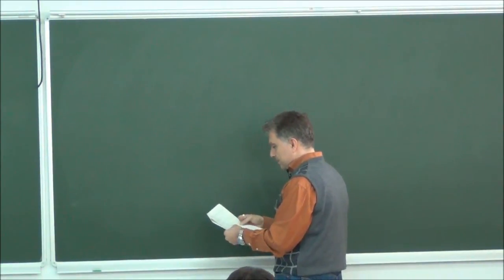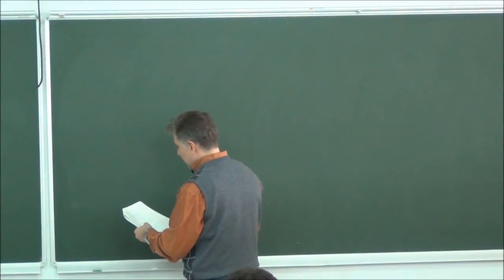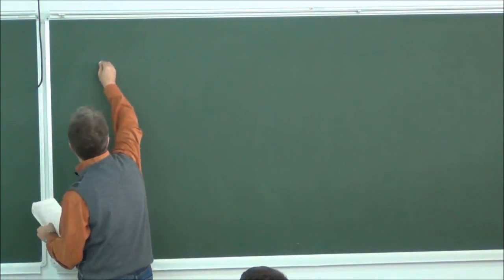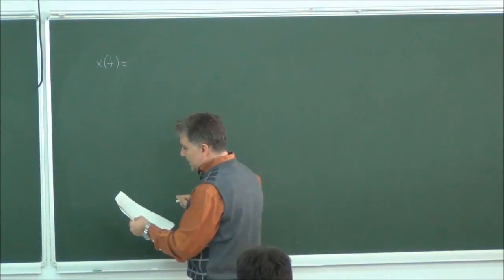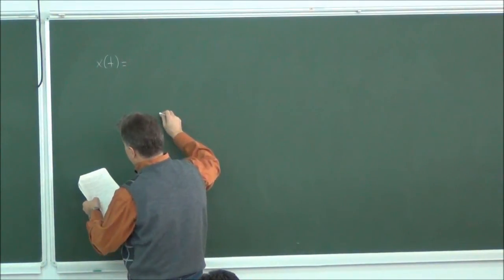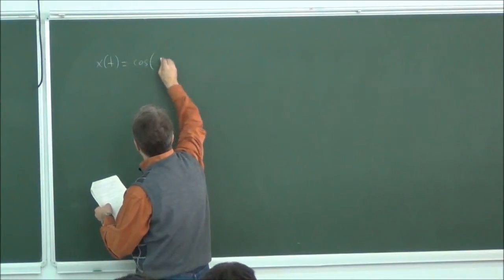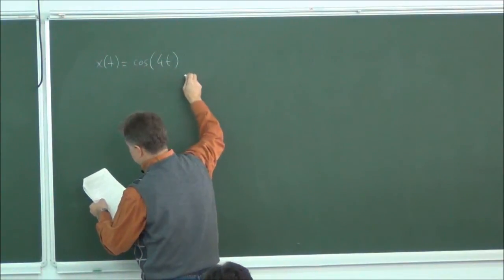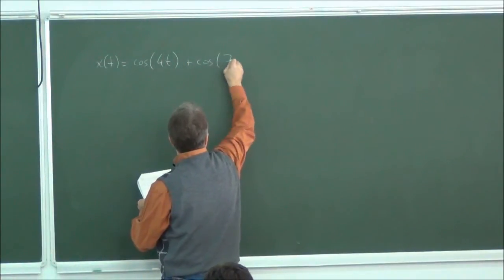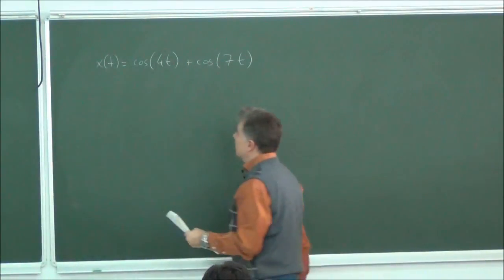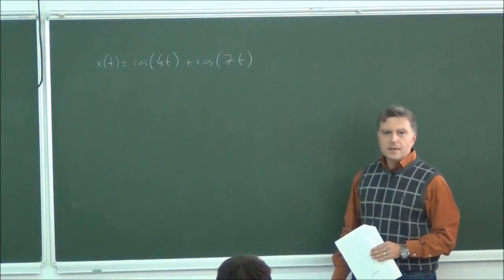For example, x of t is, let's say, cosine 4t plus cosine 7t. This is our signal.